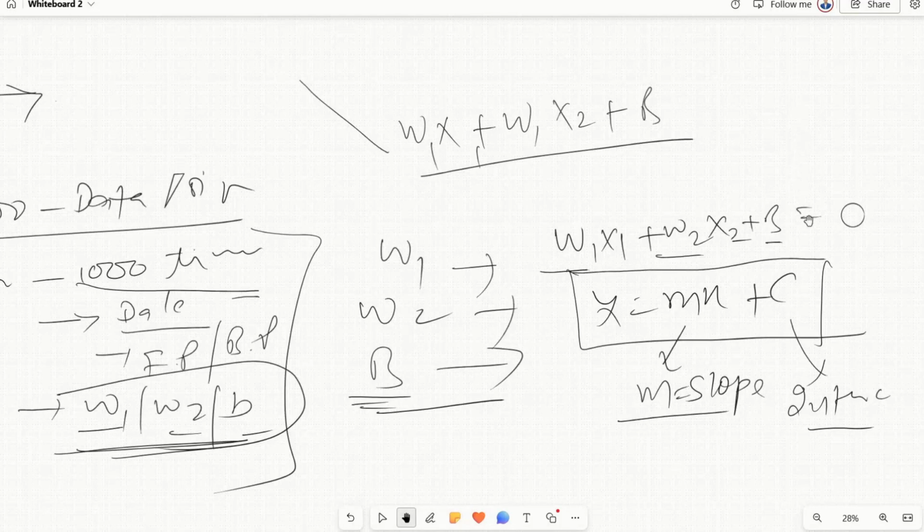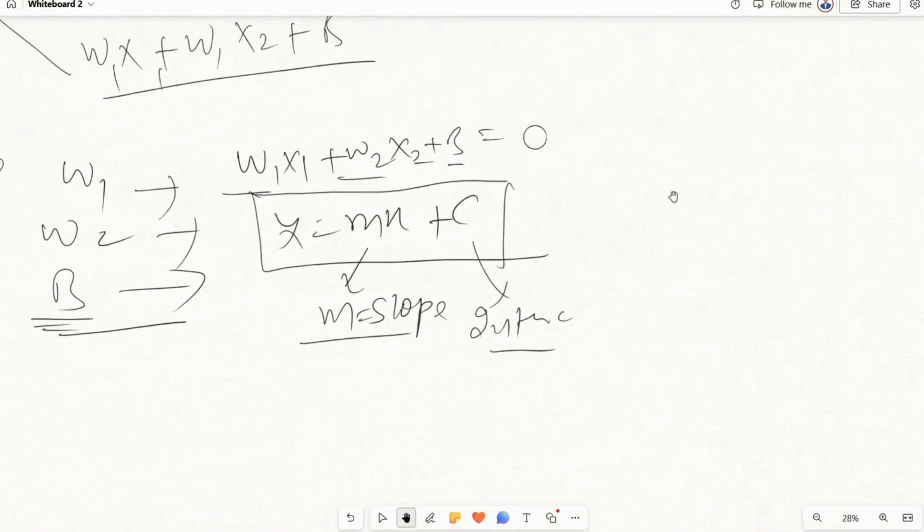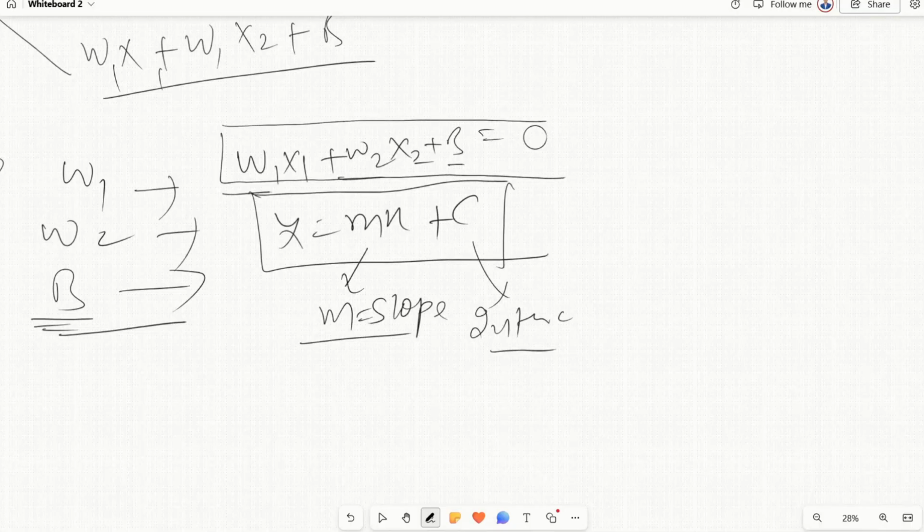So in order to draw a line graphically, I need to know what my m and c are. Suppose I got my equation in this format. I want to transform it into y is equal to mx plus c, so that I can know what my m and c are, and then I can draw a line.